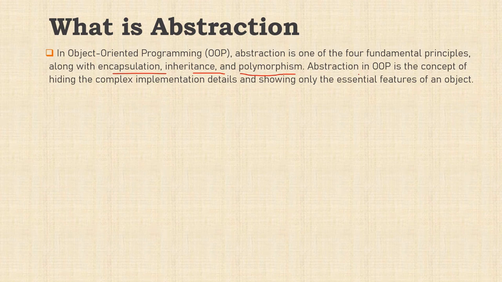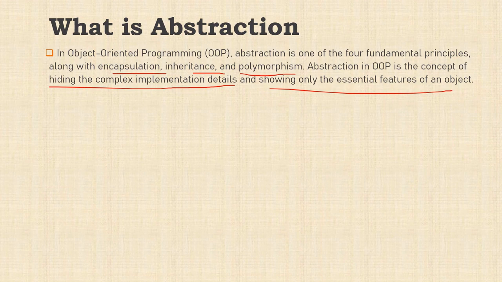Abstraction in OOP is the concept of hiding the complex implementation details and showing only the essential features of an object. You don't know the implementation, how it is implemented. You know only the essential things.